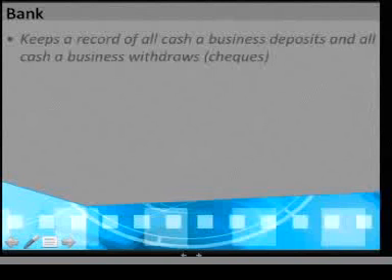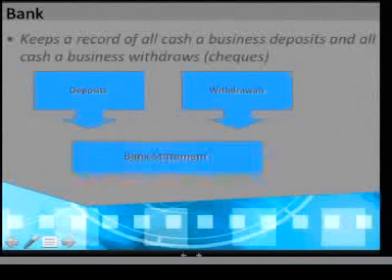So whenever cash is deposited into the bank by the business, those deposits, along with any withdrawals that the business makes in the form of checks, will be recorded in the bank's records as well, and the bank will produce periodically that record for the business in the form of a bank statement. So banks traditionally would have sent bank statements out weekly, monthly, daily, but now with a lot of businesses going online to do their banking, those bank statements can be accessed every minute of the day.